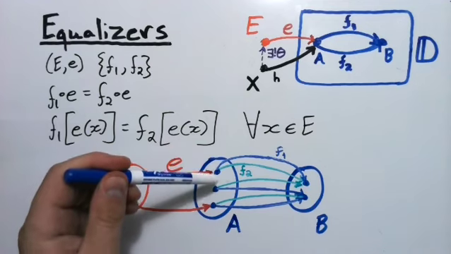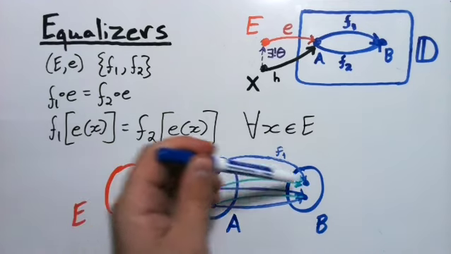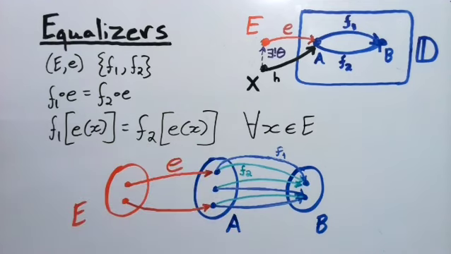And on both of those elements, F1 and F2 send that element to the same thing. So sends it to the top one, which agrees, F1 and F2 agree, and sends it to the bottom one, where F1 and F2 agree.